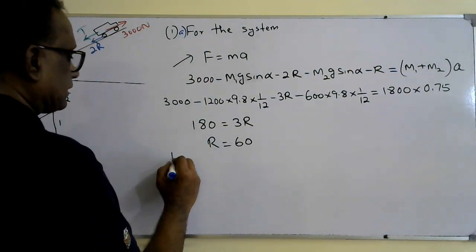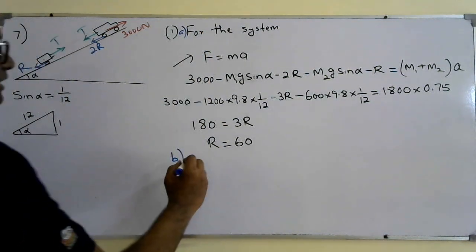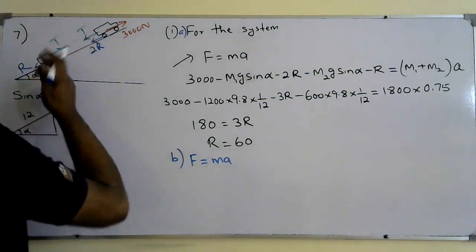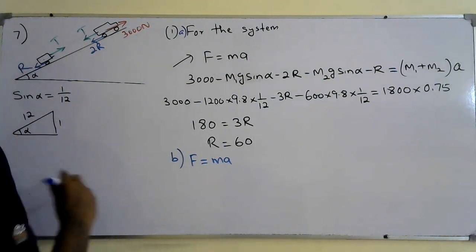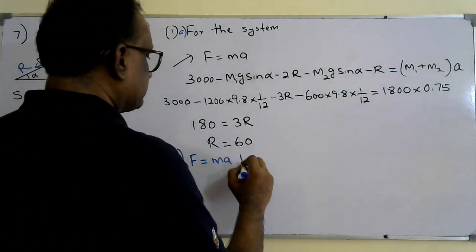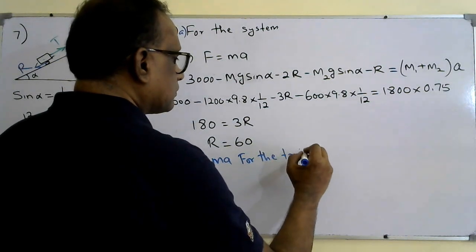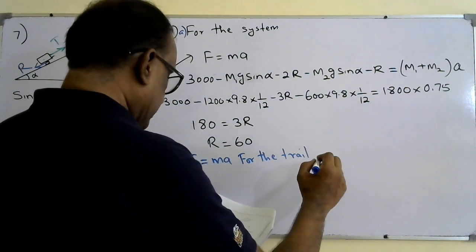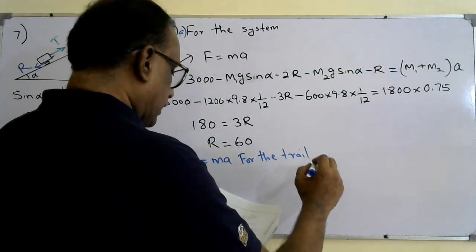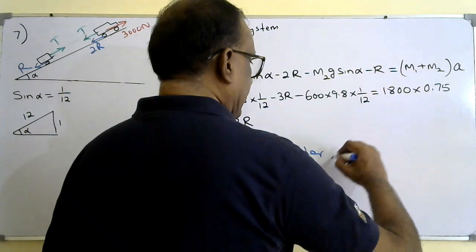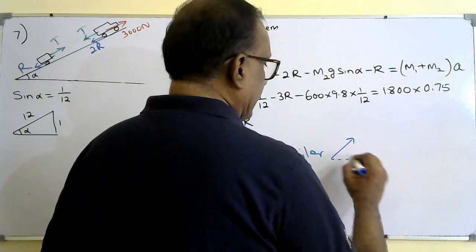Now for the B part, we use F equal ma for one of them, for the trailer. So for the trailer, I will use F equal ma along the plane up at an angle alpha.